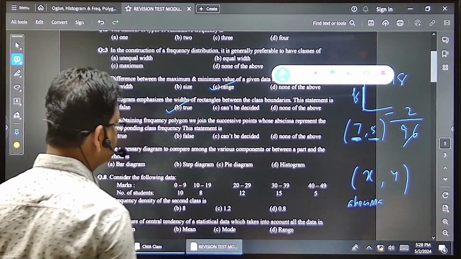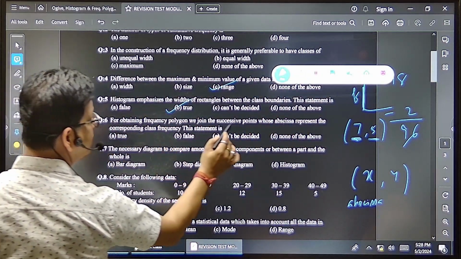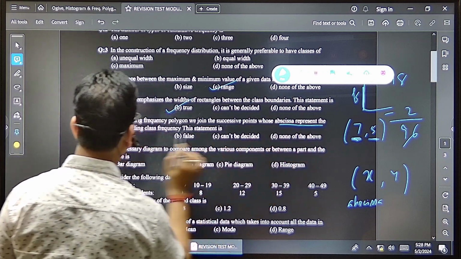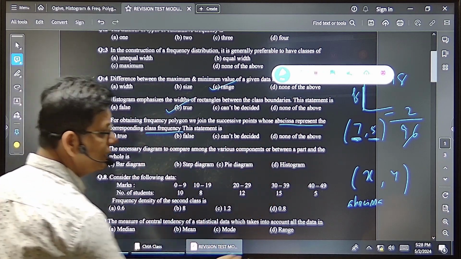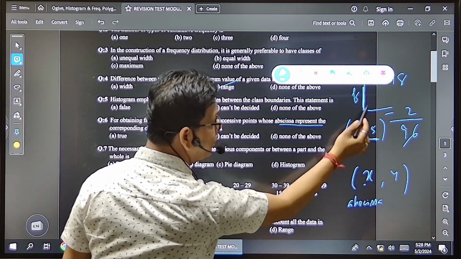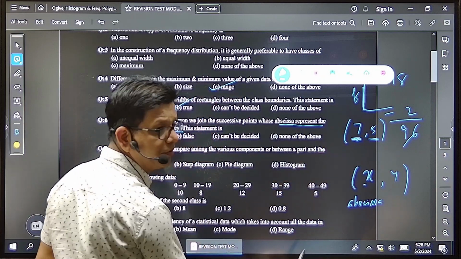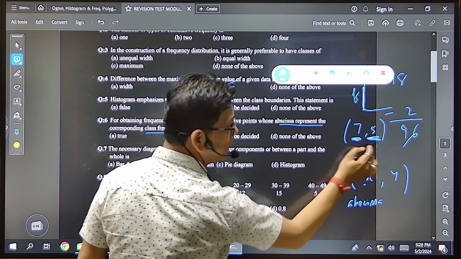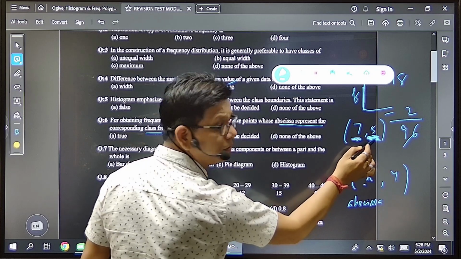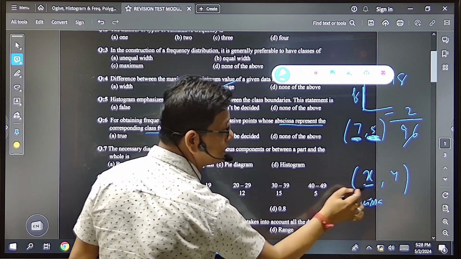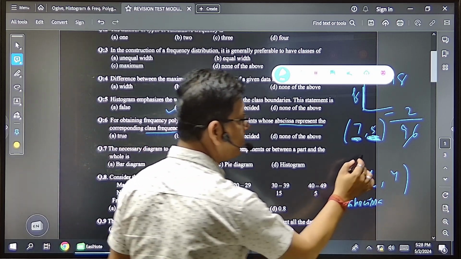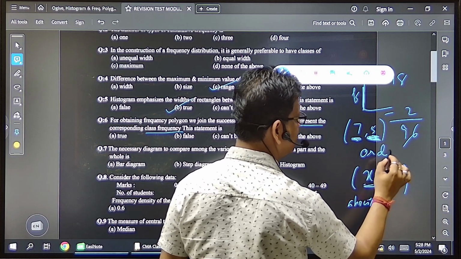Okay, number 6. We join successive points whose abscissa represents class frequency. Does x represent frequency? Which one represents frequency? The second value. The second value is not called abscissa. The first value is called abscissa and the second value is called ordinate.